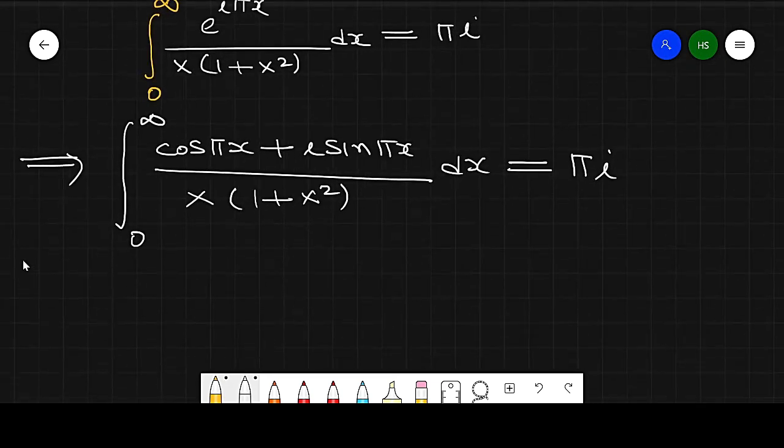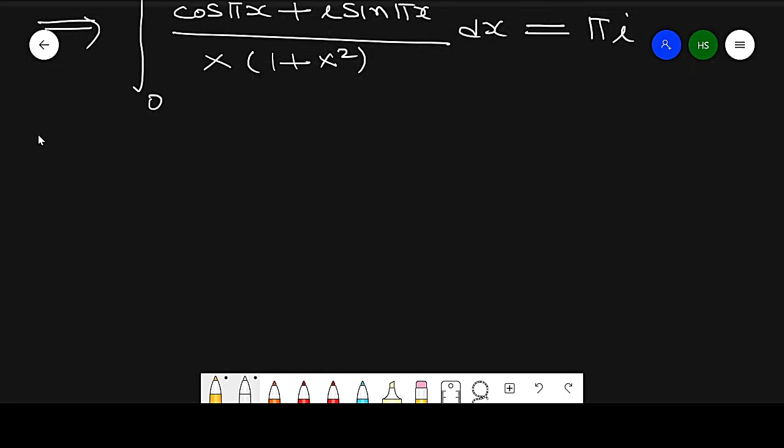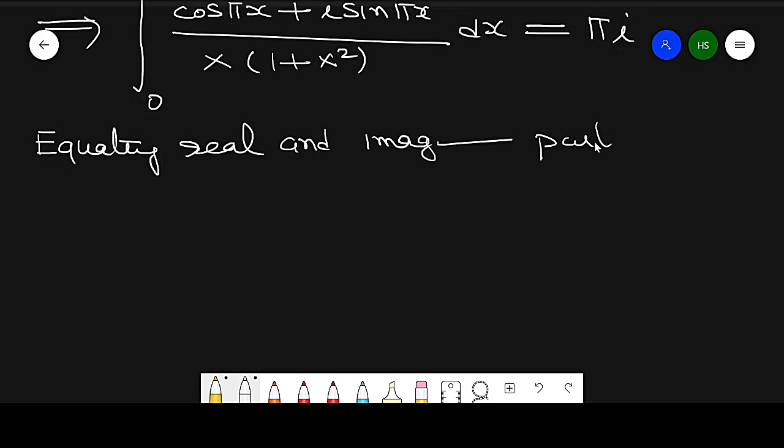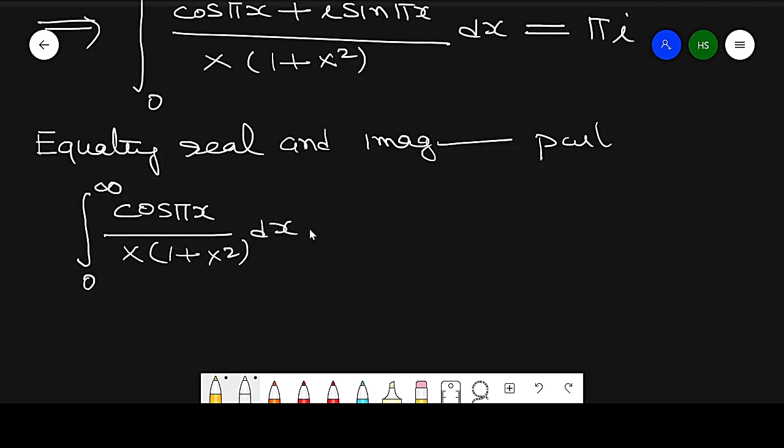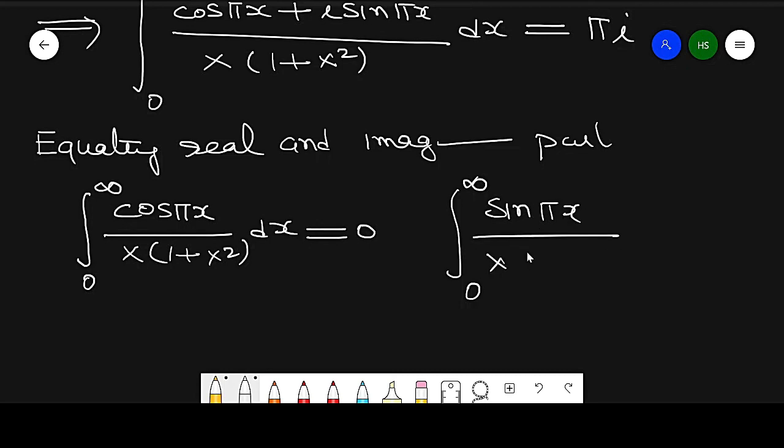Now equating real and imaginary parts, what we get is the integration from 0 to infinity of cos pi x over x into (1 plus x square) dx equal to 0, and the integration from 0 to infinity of sine pi x over x into (1 plus x square) dx, which is equal to pi, which proves our result.